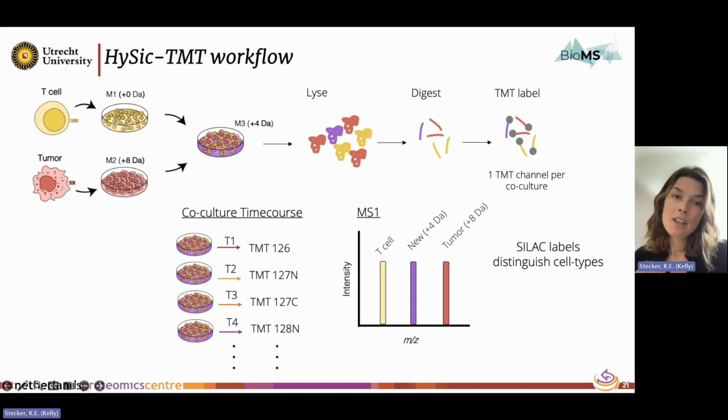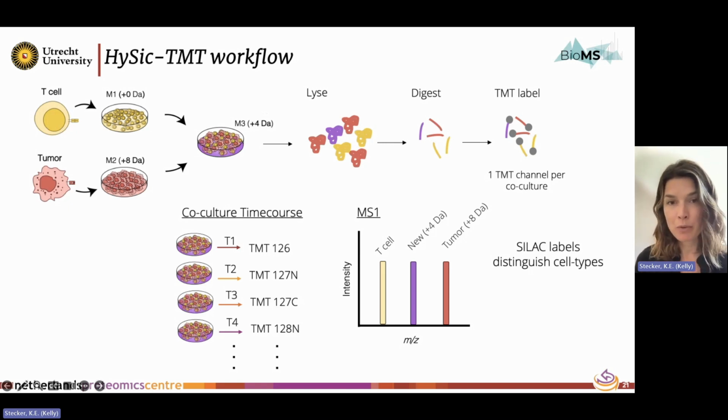And here then, similar as before, when we have our MS1 data, we have the distinct SILAC labels. And so in the MS1 data, we have distinct signatures for our T cell content, our newly translated content, or our tumor content.